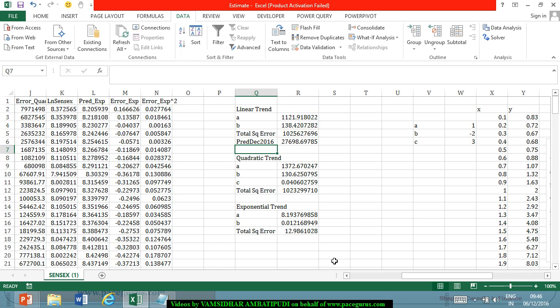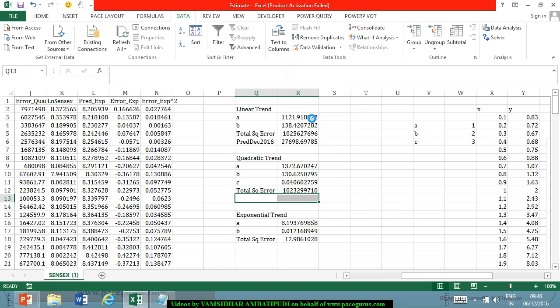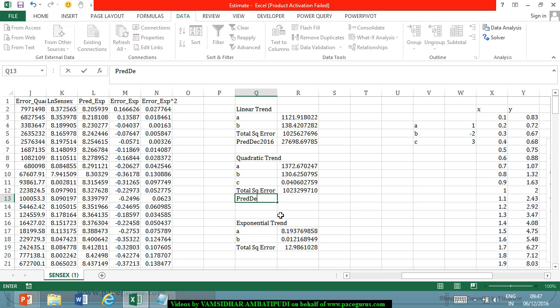As per this, the predicted value for December 2016 is going to be 27,698. If I am going with the quadratic trend model, the predicted value for December 2016 will be A plus B times X, which is 192, plus C times X squared, which is 192 squared.